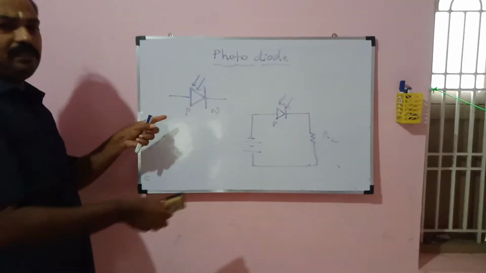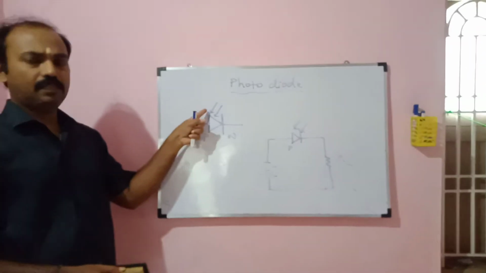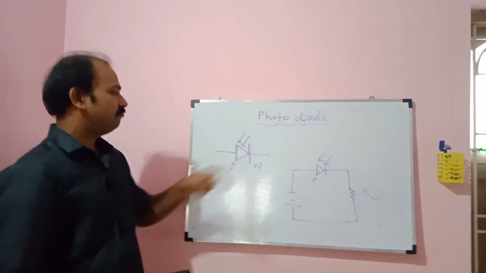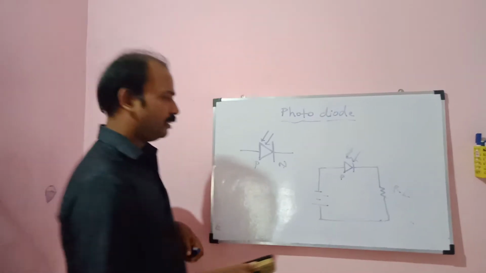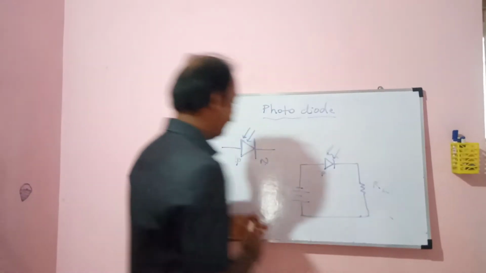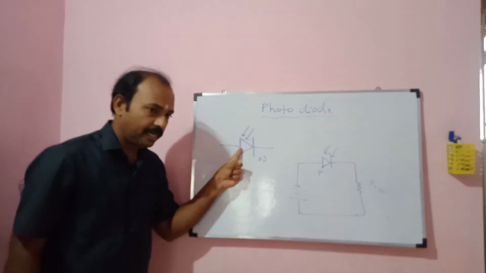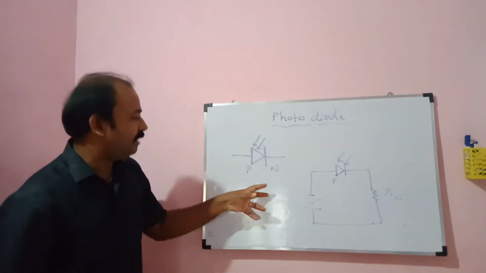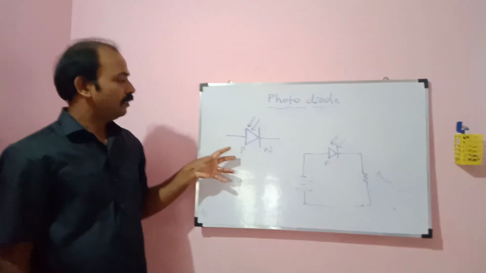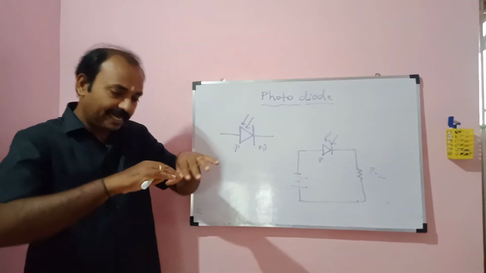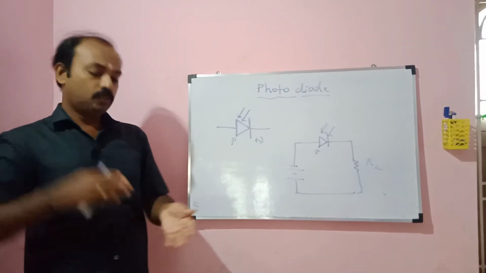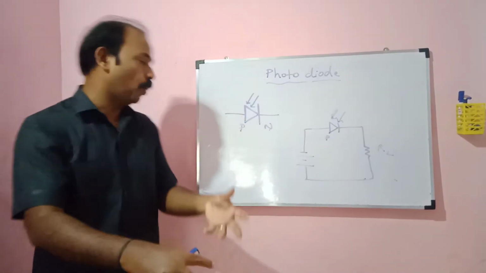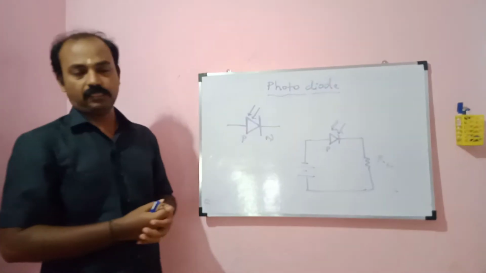Construction of the photodiode: we already know the construction of a PN junction diode. The photodiode consists of a P type and N type semiconductor, over which a glass is coated. Through this glass, the light is exposed on the junction.